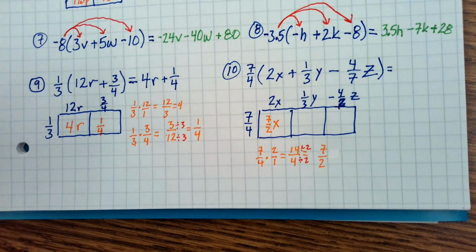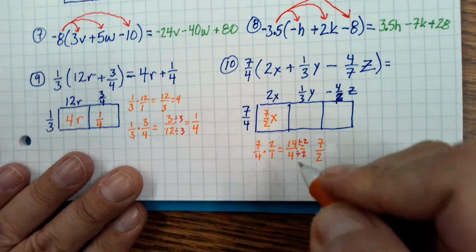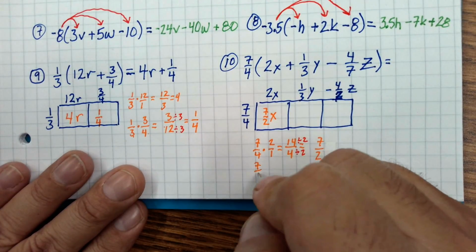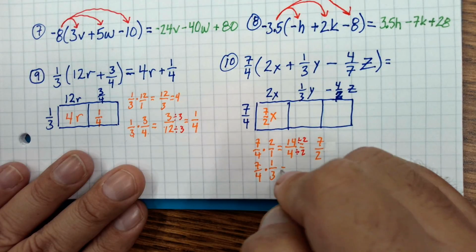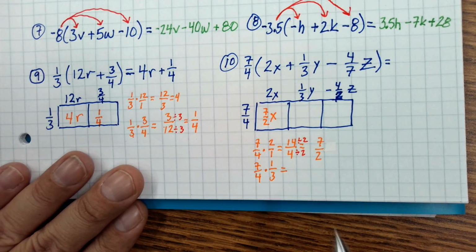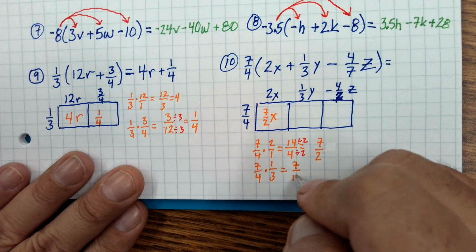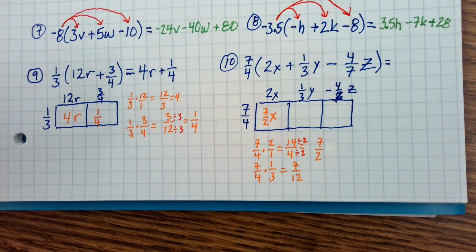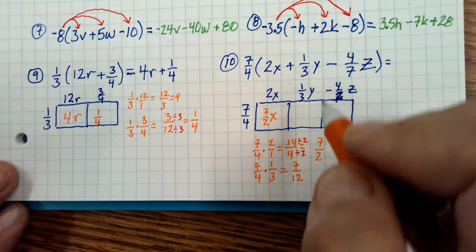x. Now let's multiply 7/4 times 1/3. 7/4 times 1/3. 7/12. And then you add the y. 7/12 y. Can I reduce that? No. 7 and 12, that's it, right? And then we add the y.